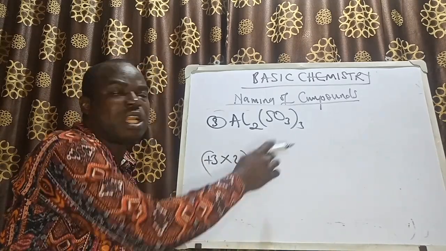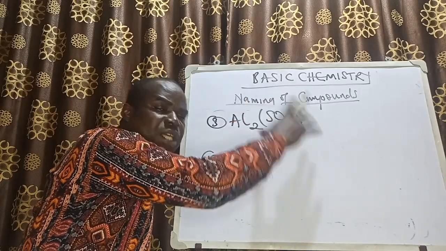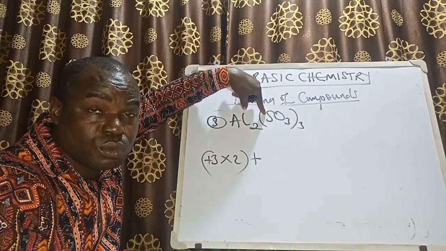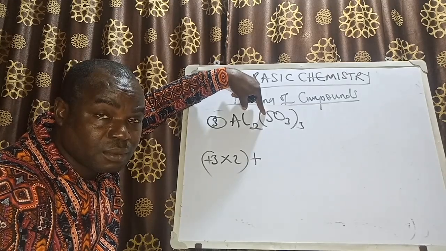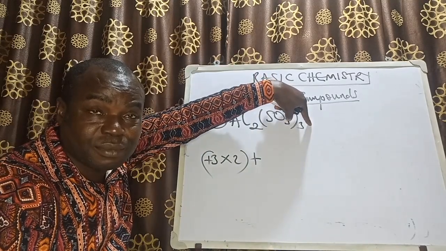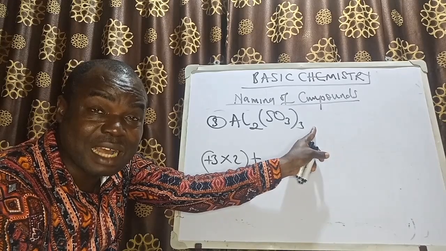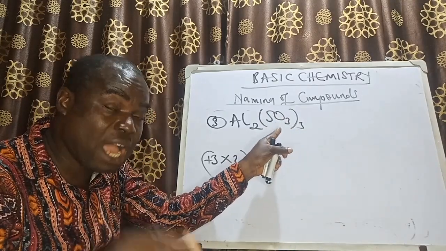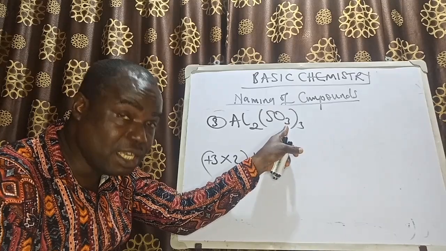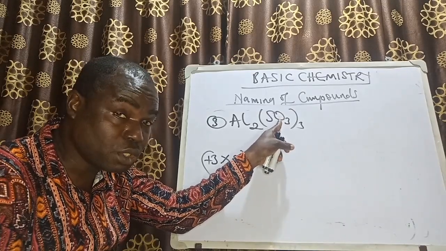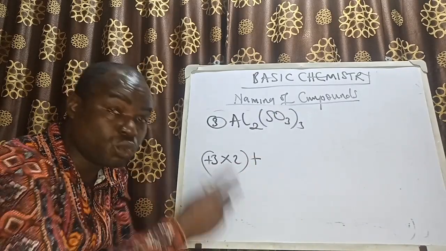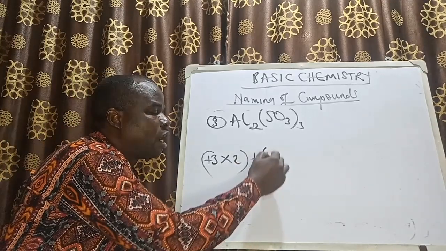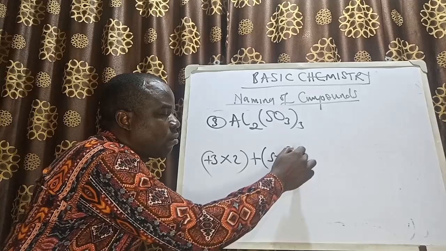Now let us go to this place and break it down. The sulfur we are solving for has 3. This 3 outside here belongs to both sulfur and what? Oxygen. Meanwhile, this other 3 here belongs to only oxygen. So the one outside belongs to 2 of them. So if I want to write sulfur now, I'll multiply it by 3.